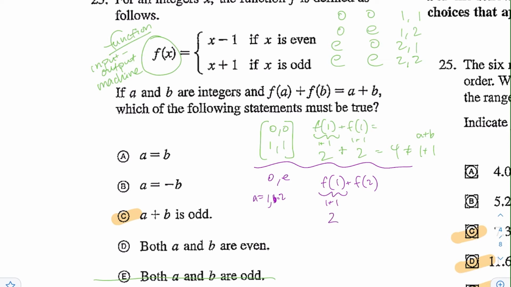Since 2 is even, this would be 2 minus 1, and that would be 1. And 2 plus 1 is 3. Well, that's still not the same, or actually in this case, that is the same as a plus b, which is just 1 plus 2. So in this case, A could be odd and B could be even.